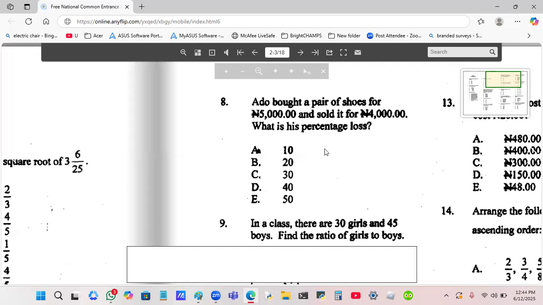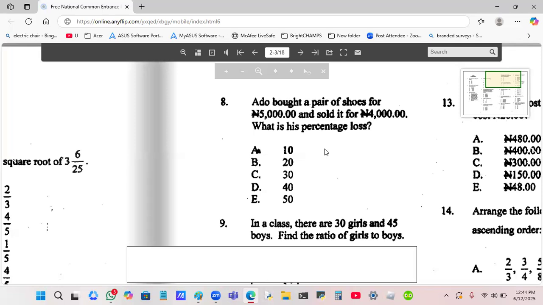Then percentage loss equals loss over cost price times 100 over 1.